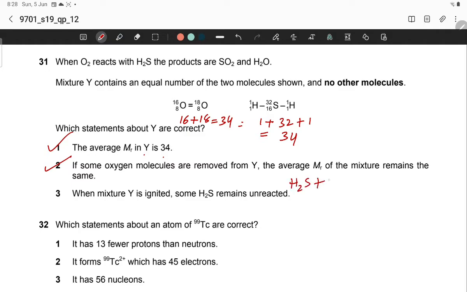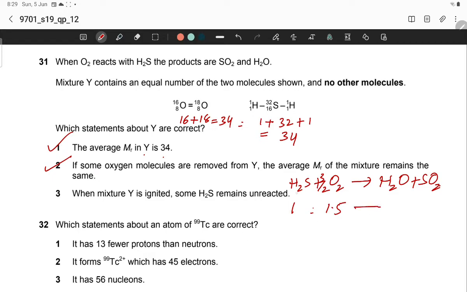H2S plus O2 forms H2O plus sulfur dioxide. So there are 3 atoms of oxygen on the product side. Let's balance by 3 over 2. So this is 1 mole, ratio 3 over 2, that is 1.5 moles.